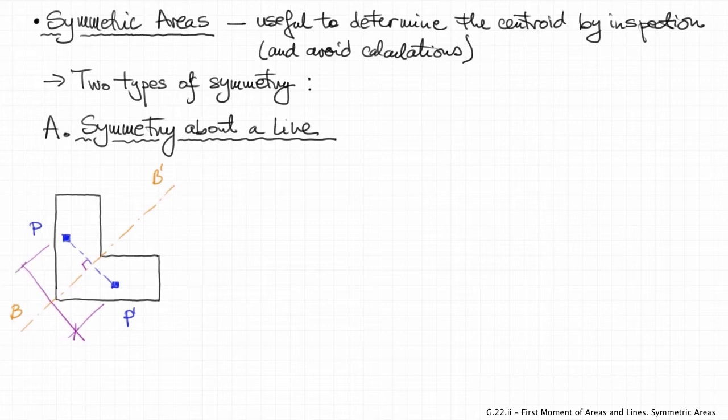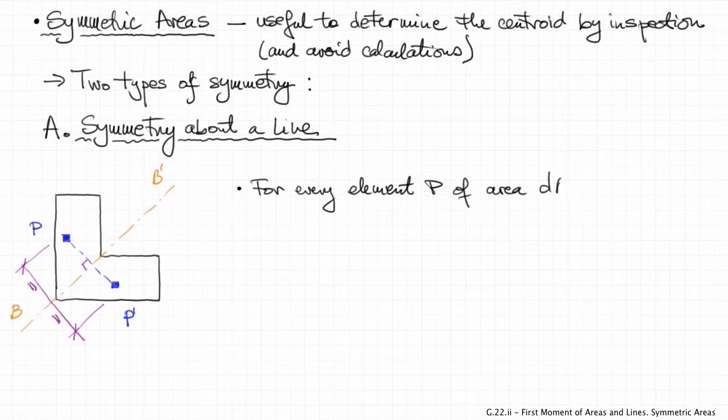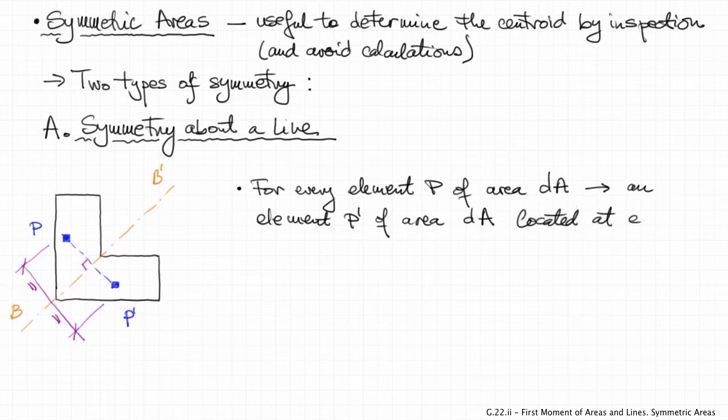In other words, we can say that for every element P that has an infinitesimally small area dA, there exists another element, let's call this one P prime, of similar area dA, which is located at equal perpendicular distances from the line of symmetry.